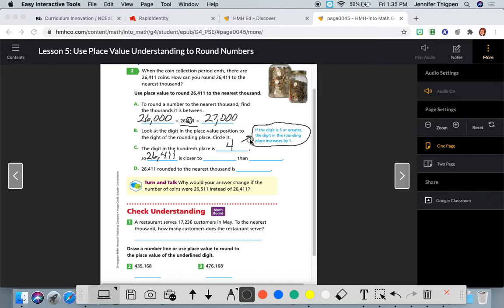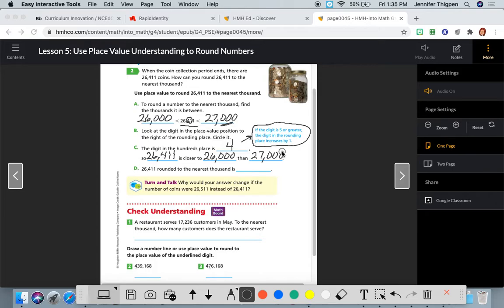So 4 is less than 5. So it's not going to increase. So we have to say that 26,411 is closer to 26,000 than, what was our other number up here? 27,000.